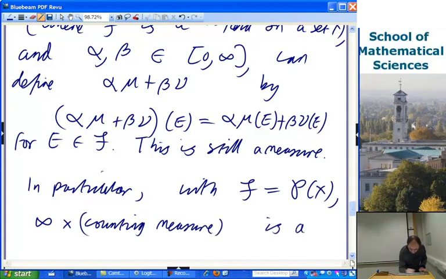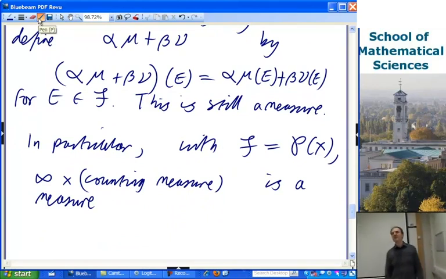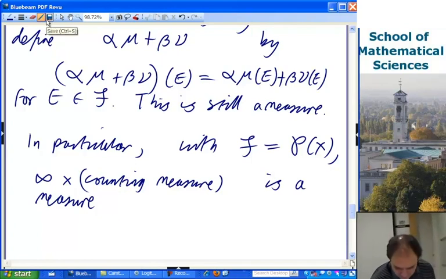Is a measure. It's a rather boring measure. Defined on all subsets of X, infinity times counting measure has a rather easy formula.